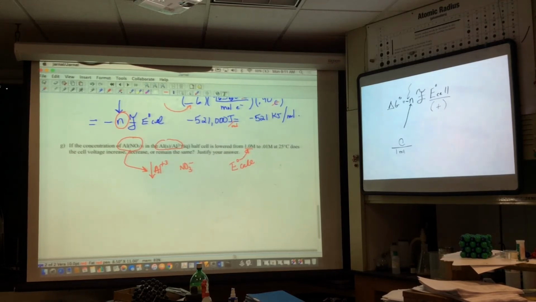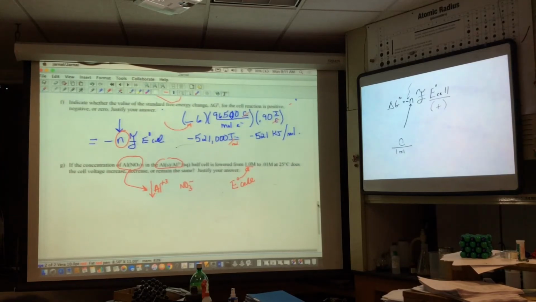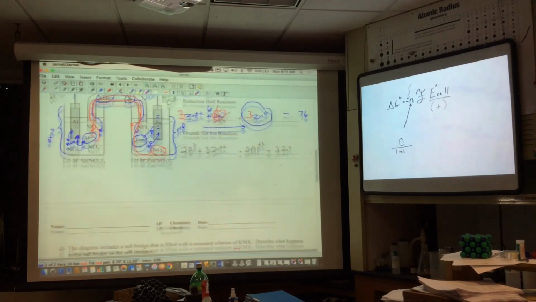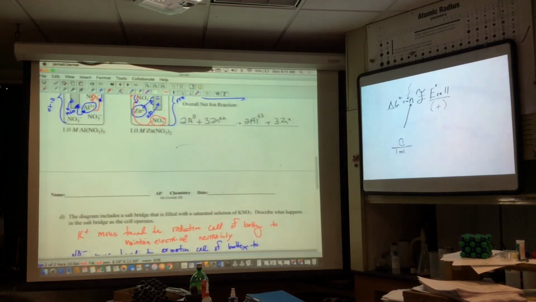Well, now it's Le Chatelier's principle. Let's look at our overall reaction. Where is this ion? You may think, oh, oxidation, it must be a reactant. Wrong. Aluminum plus 3 is a product.